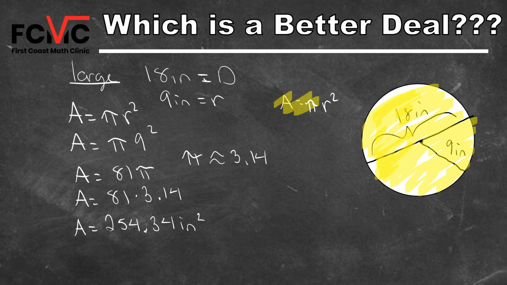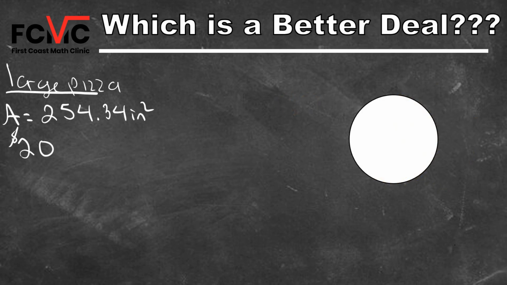All right, let's figure out how much pizza we're getting for our medium pizza. All right, so we know that our large pizza has an area of 254.34 inches squared, and the cost is $20. So let's figure out our medium pizza.